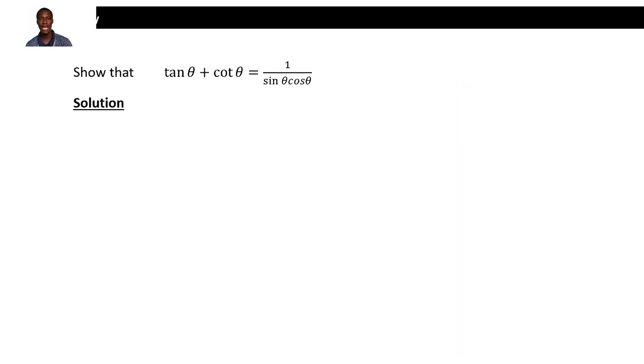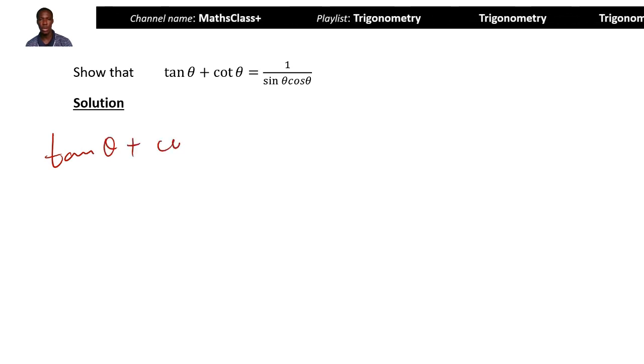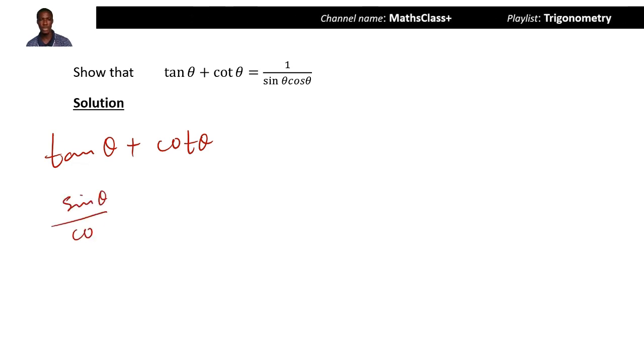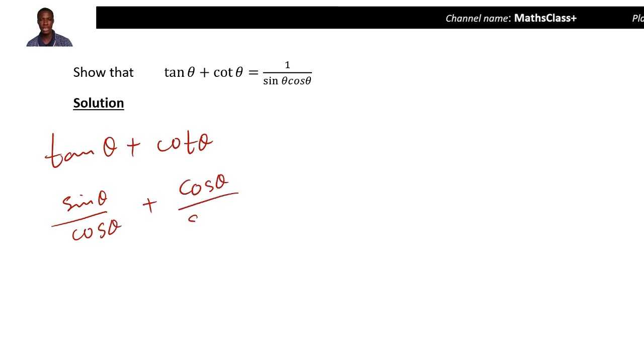So we have to show that tan theta plus cot theta is equal to 1 over sine theta cos theta. Okay, so the first thing I will do is to write tan theta as a ratio of sine and cosine, and then cot theta also as a ratio of cosine and sine. So tan theta plus cot theta. This is the same as sine theta over cos theta plus cos theta over sine theta.